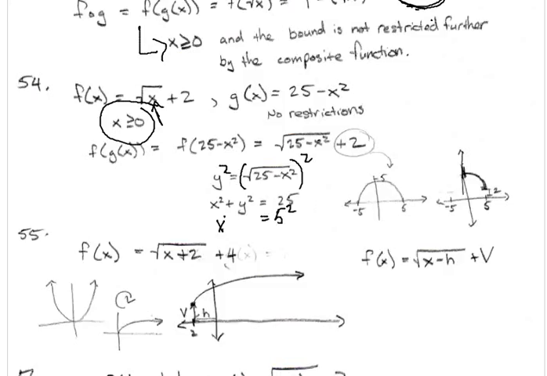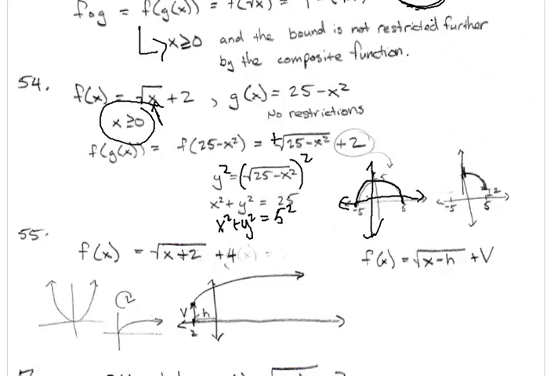So this is actually the equation for a circle. So if it didn't have this plus 2, we would have a circle, well, actually half of a circle because we're only taking the positive root.